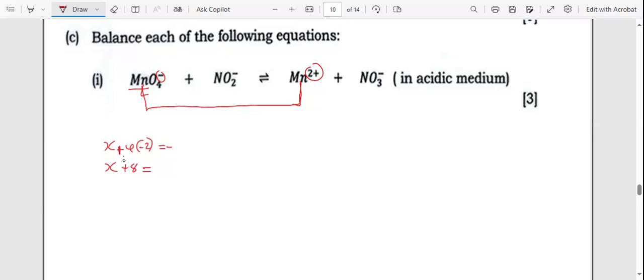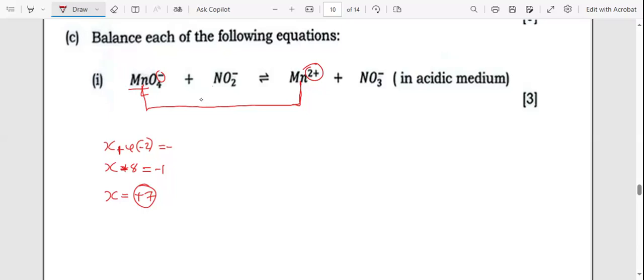We are adding there, so this will be negative 1. So that means x is equal to positive 7. From positive 7 to positive 2, that means there was a reduction, right? So this is a reduction.